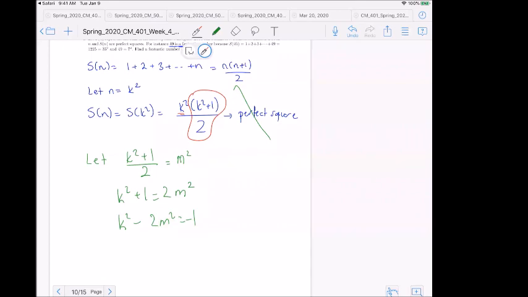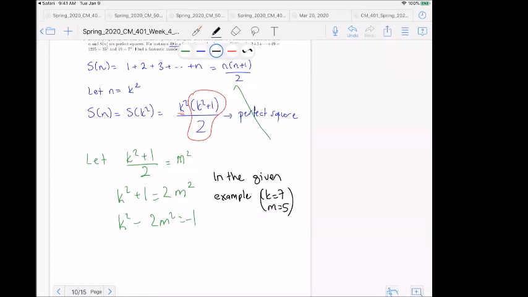Now let's see which other values are going to satisfy this. In the given example, k is 7, m is 5.